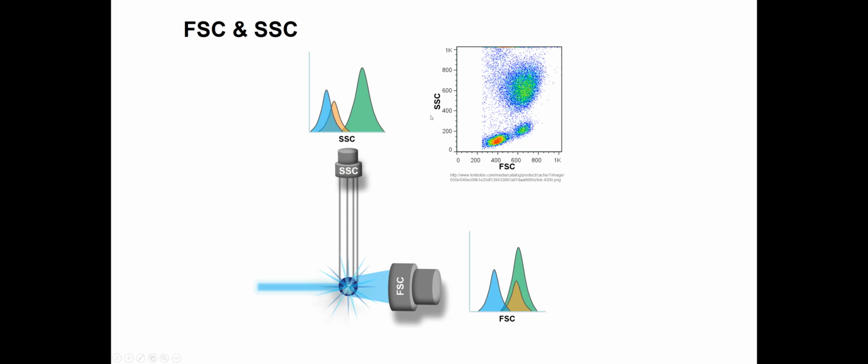Side scattering gives information about the inside material of the cells. If there are more granules inside, they have bigger signal from side scattering. Forward scattering is determined by the size of the cell. Side scattering is determined by those small vesicles inside the cells.